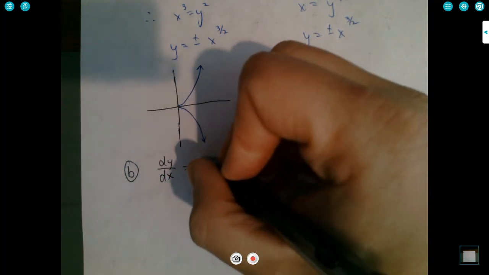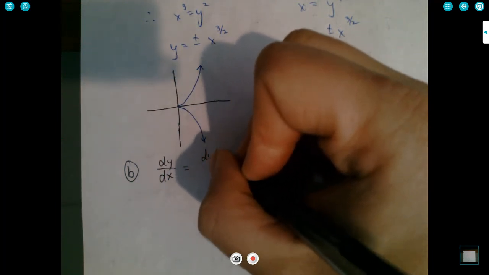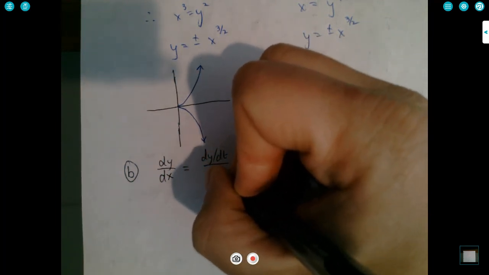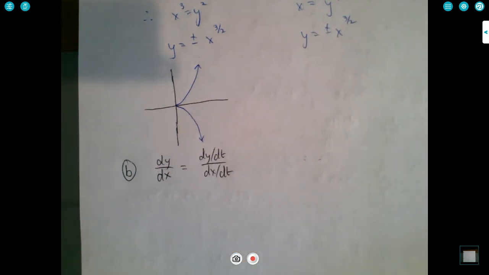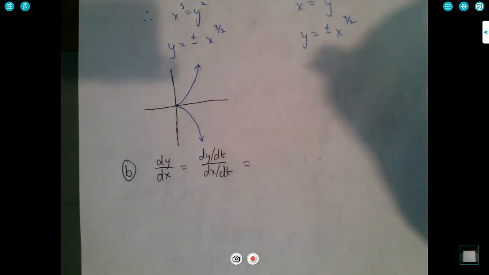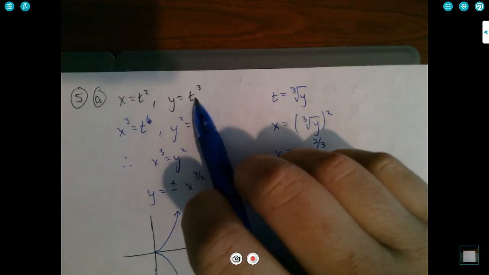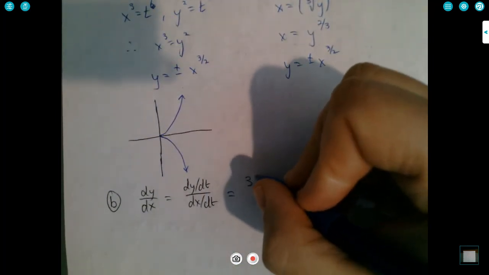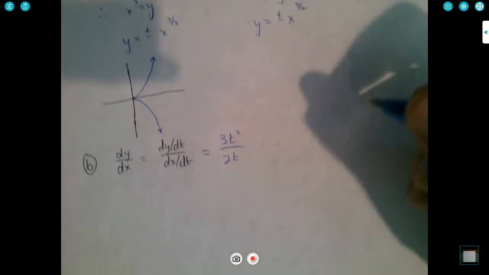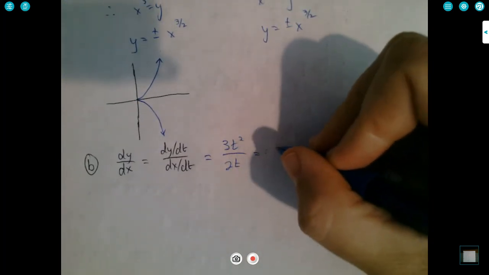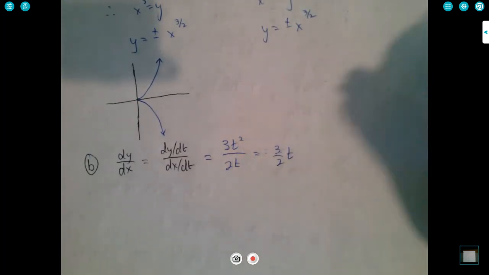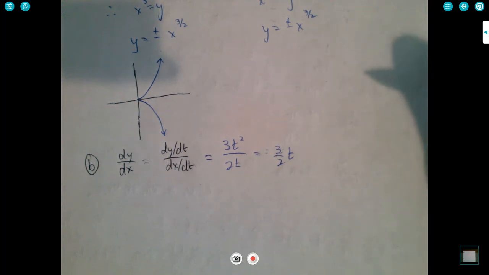Well, that's just dy/dt over dx/dt. So dy/dt is 3t squared. dx/dt is 2t. So I guess that would just be 3/2 times t, which is pretty nice.